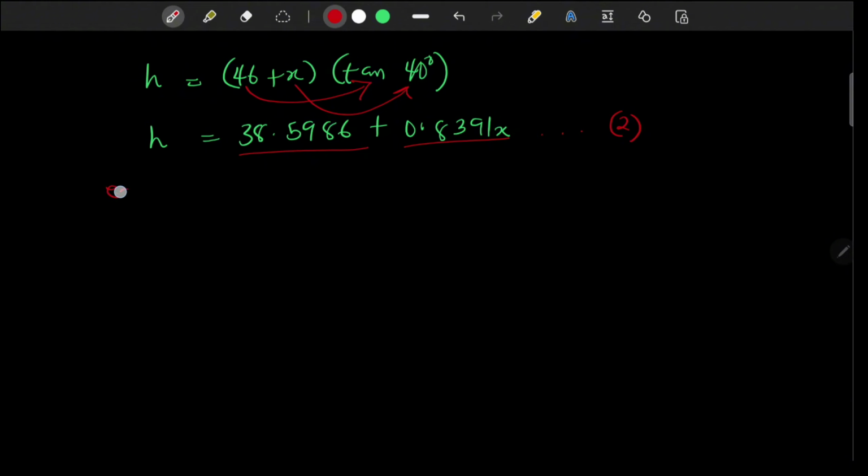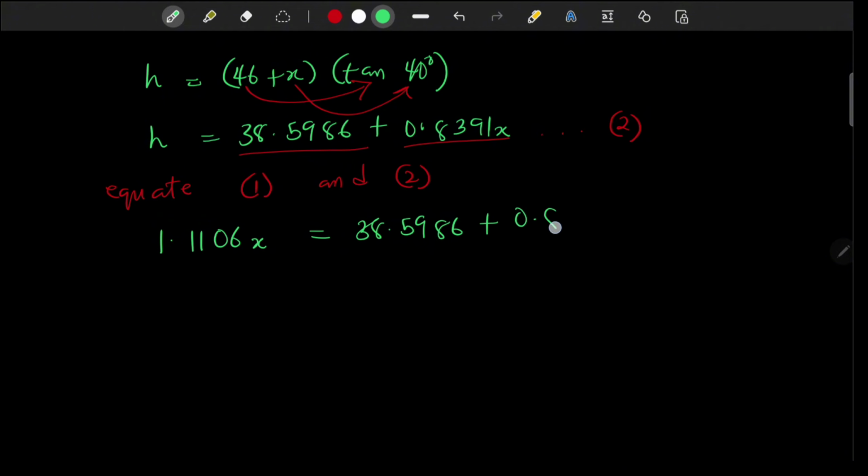So we're going to go ahead and equate 1 and 2. So remember that 1 was 1.1106x, and this will be equal to 38.5986 plus 0.8391x. So we collect like terms. 1.1106x minus 0.8391x equal to 38.5986.